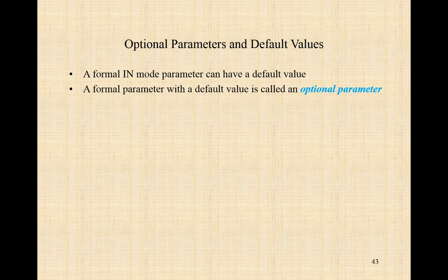If the actual parameter is omitted, the invocation of the constructor assigns the default value to the formal parameter. Note that a formal parameter that has no default value is called a required parameter. The way we achieve the default value and an optional parameter is by using an overloaded constructor.